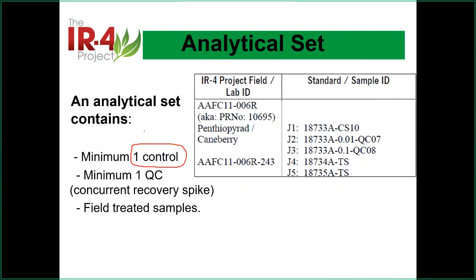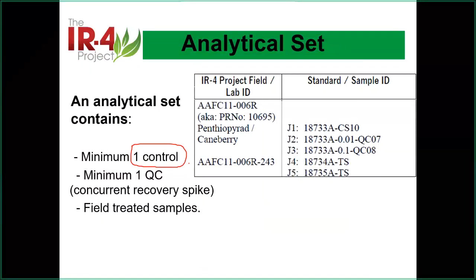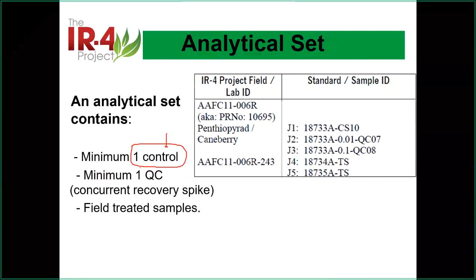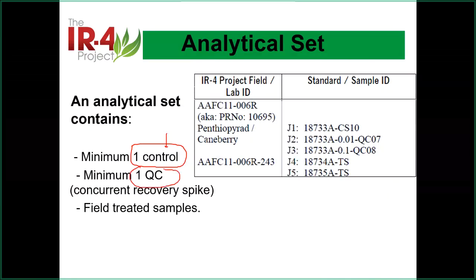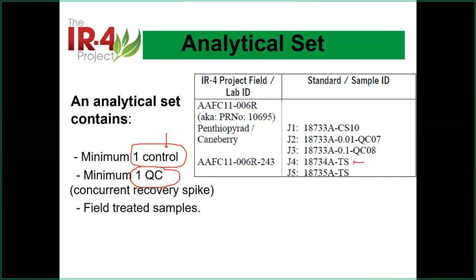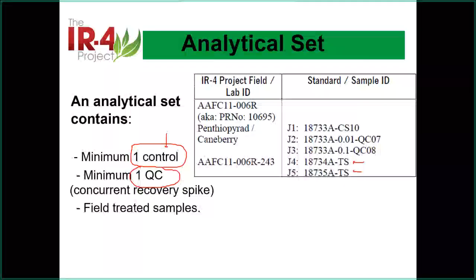But solvent blank is not that important because the whole system must be clean, otherwise it won't work. Yes, by science it is important, but by GLP, by our residue study, the control is more important than solvent blank. Then you must have at least one spike, and that spike should be very close to your residue samples. And the rest of them are the residue samples.